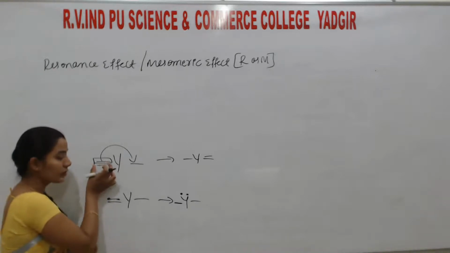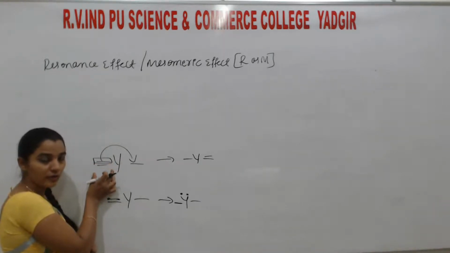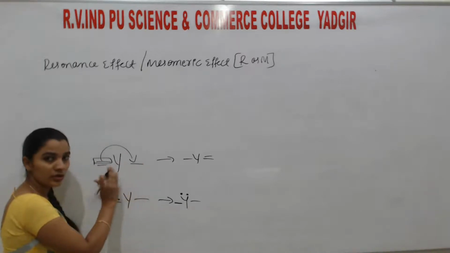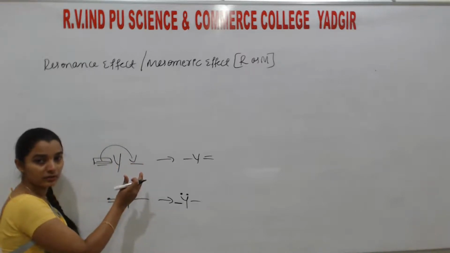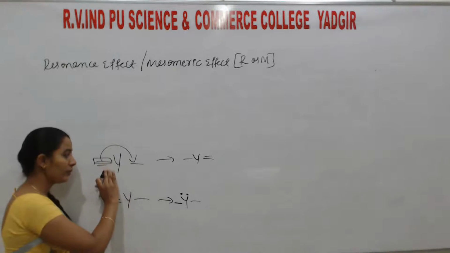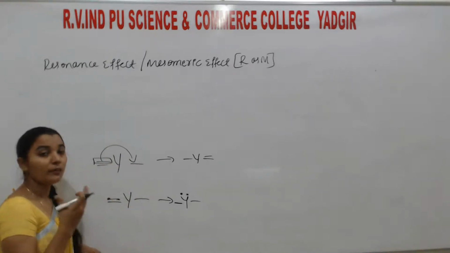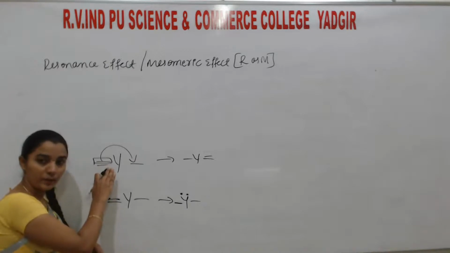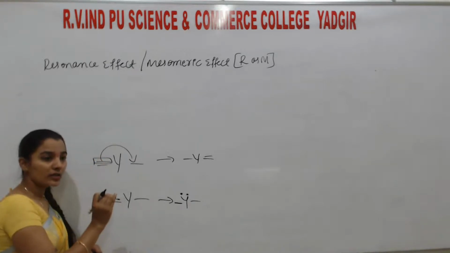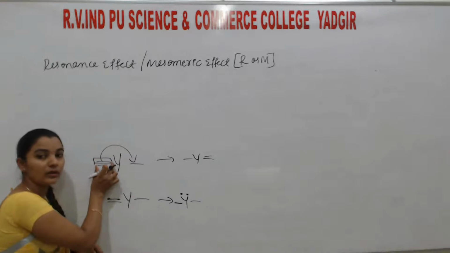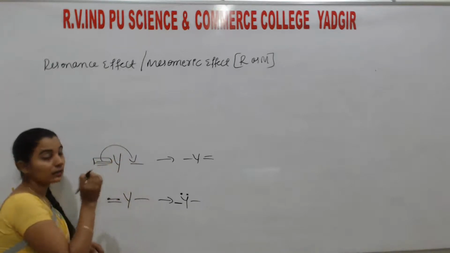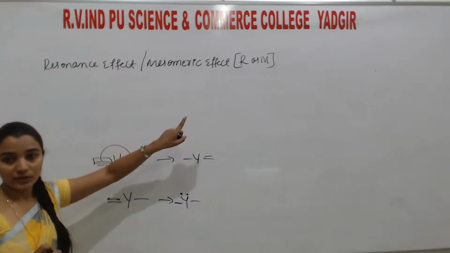Locality means one position, so delocalization is from one position to another position. That position is the bond position, the bond position of the pi bond. The delocalization of pi bond electrons takes place, and that results in the resonance effect.